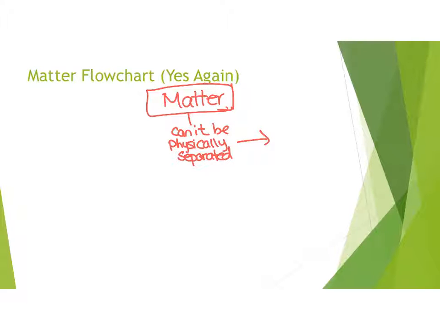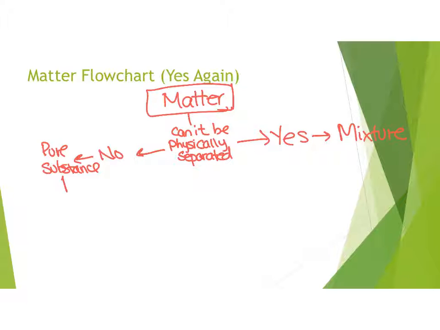If it can be physically separated, what is it? It is a mixture. If it cannot be physically separated, what is it? It is a pure substance. So for pure substances, what's the next question you have to ask yourself?